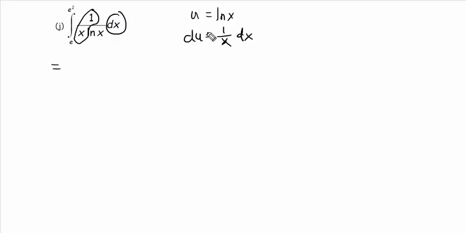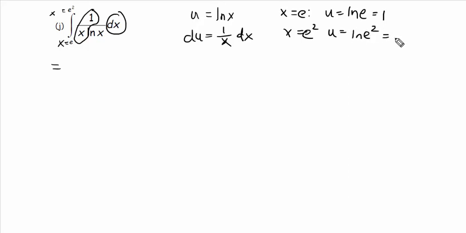So if x is equal to e, then u is equal to ln of e, which is 1. And if x is equal to e squared, u is equal to natural log of e squared, which is 2.